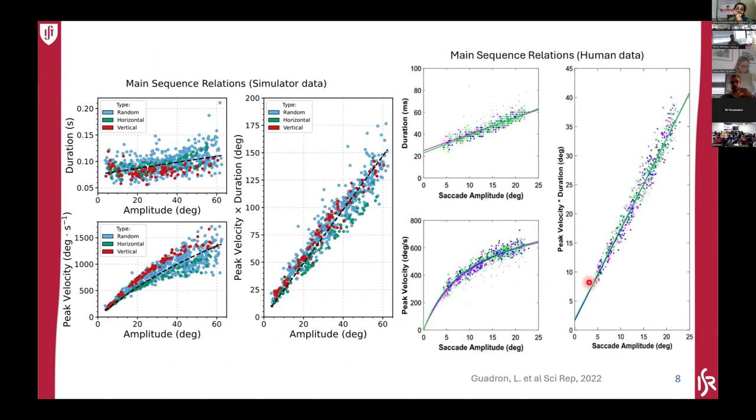Again, comparing these two relationships, which were plotted using different data, we can see that they overall match quite nicely, which is quite interesting because, again, I restate that this was never directly imposed in our optimization procedure, and it naturally emerged.